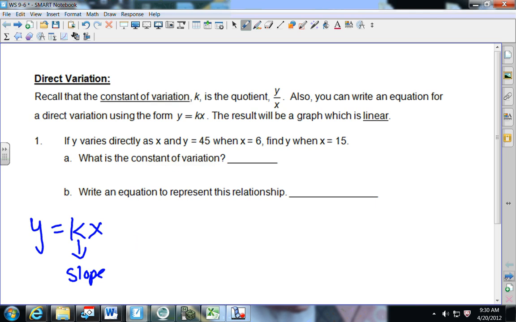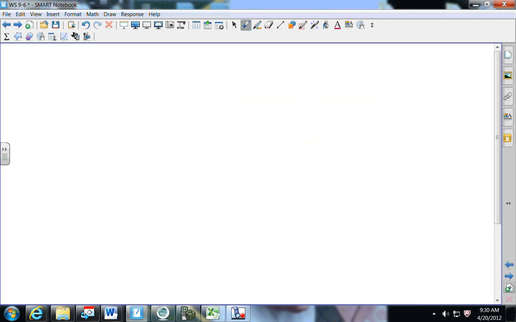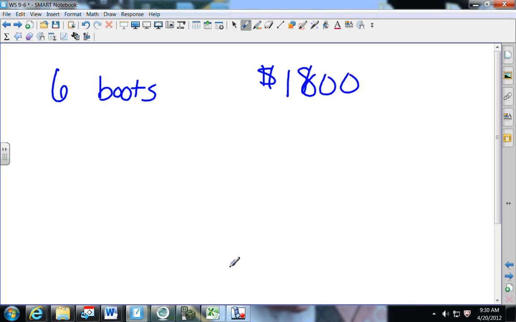So the problems that we did in the past, for example, say that I bought 6 boots and the total for the boots was $1,800. What would you do to find out how much each pair of boots cost? I would divide, right?